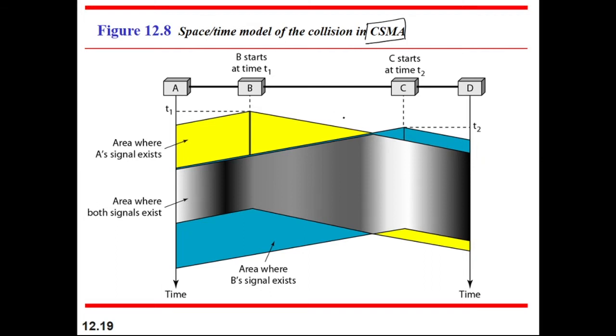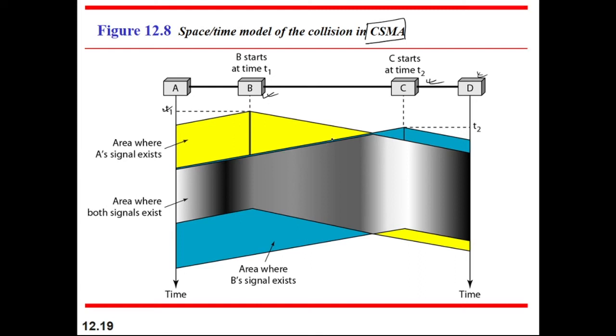Here A, B, C, D are different stations. A can start at time T1, the first time slot, and B can also start at T1, and C starts at T2, and D can also start at T2. When two stations attempt to access the channel at the same time, collisions can arise.